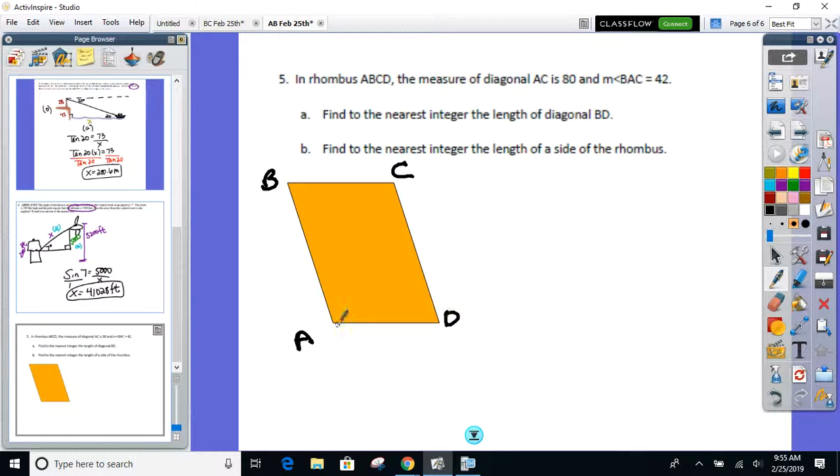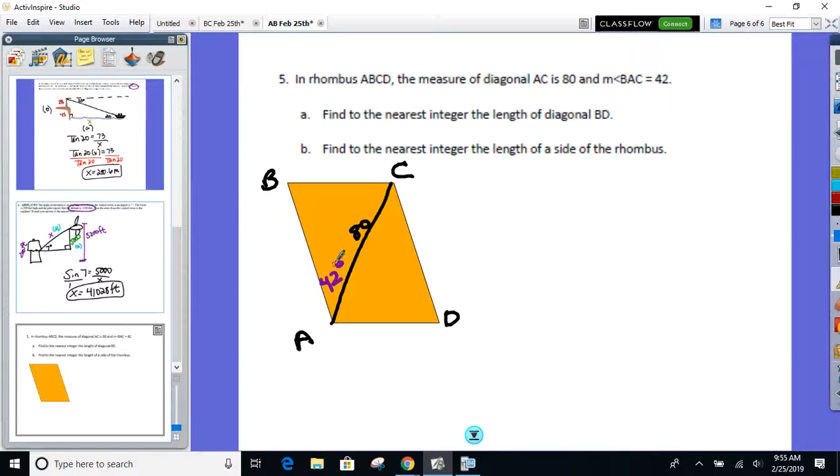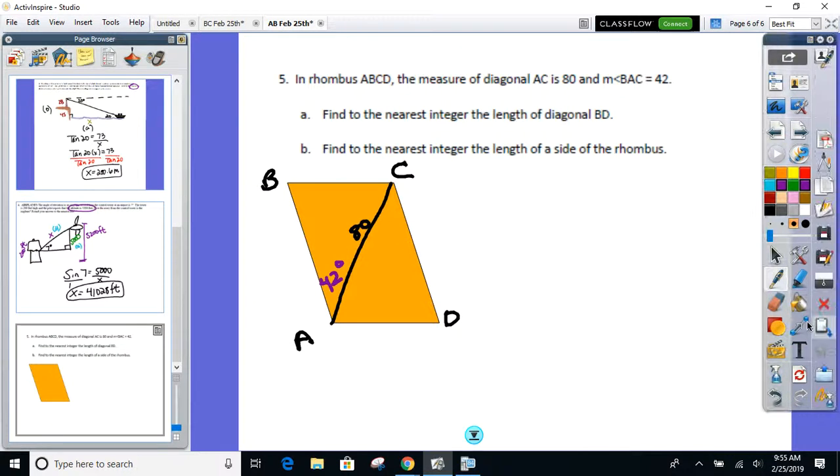Diagonal AC. That is 80 units. BAC is 42. How about the length of diagonal BD?